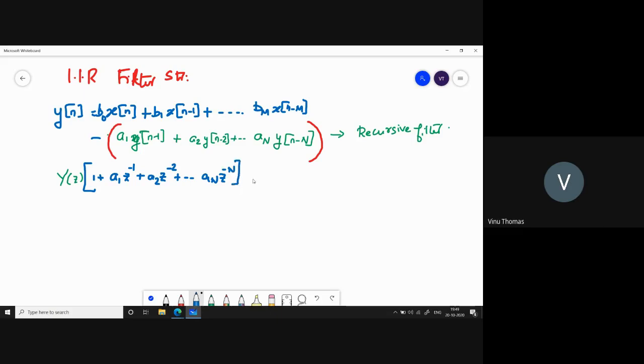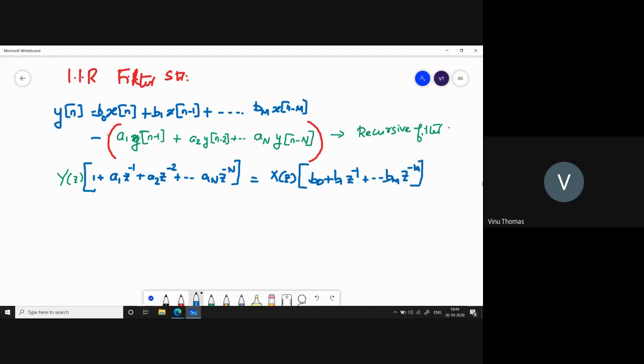This can be written as X of z into b0 plus b1 z raised to minus 1 plus etc. up to bm z raised to minus m.